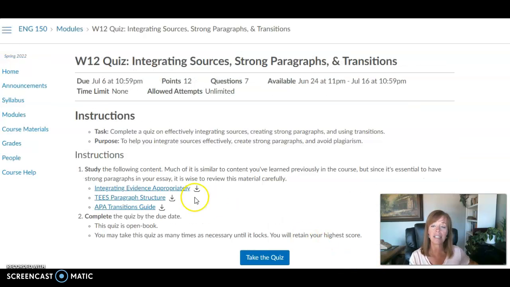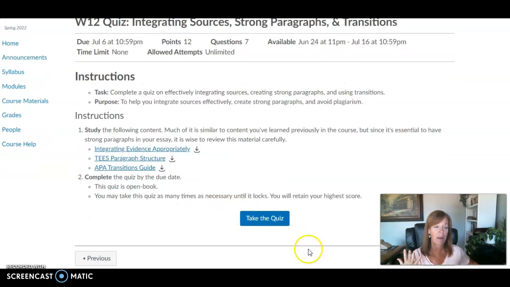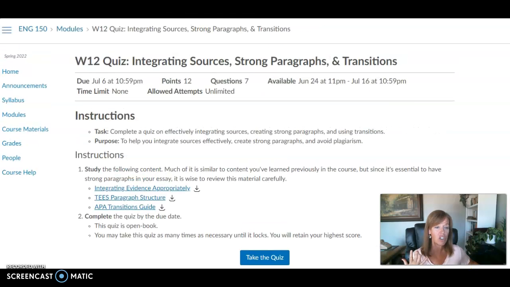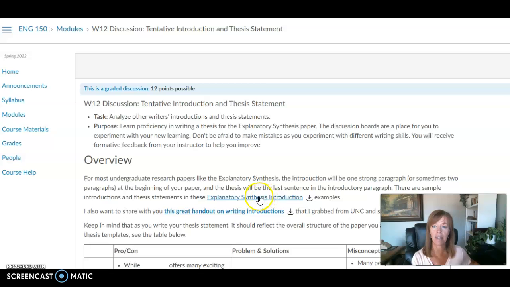Next is a little quiz and some sources on integrating sources, paragraphs, and transitions, which is good, and that is due midweek. And this is a good activity that will help us. It's all about that introduction, which is incredibly important. Introductions and conclusions are very important sections of an essay, and a lot of times, especially the conclusion, gets overlooked.